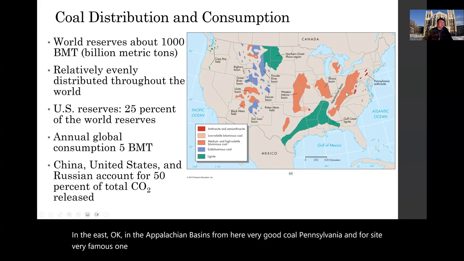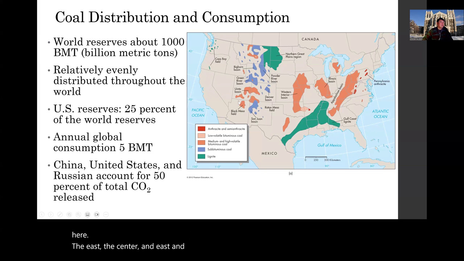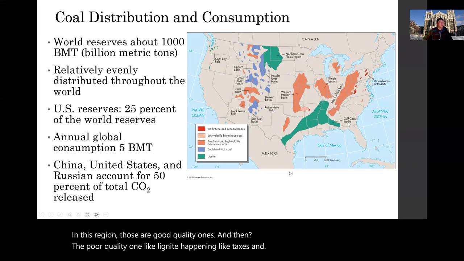Medium and high volatile bituminous coal are good quality ones here in the center and east, and also some in Colorado and this region. Then the poor quality ones, like lignite, are in Texas, the Gulf Coast lignite, and also the northern Great Plains region.